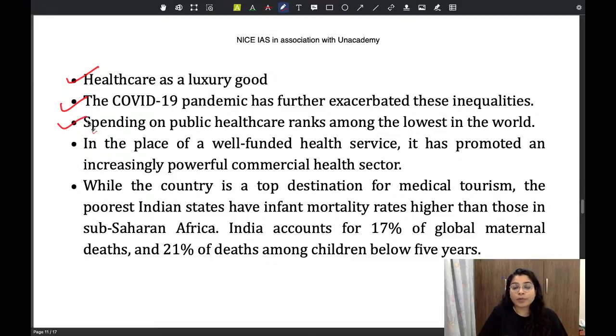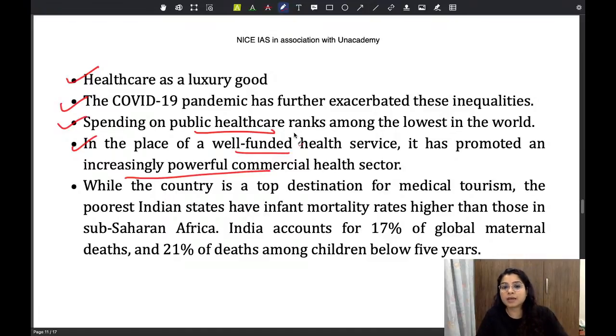A very common and very often talked about topic is that public healthcare spending is among the lowest in the world. In place of well-funded healthcare services, we are promoting the powerful commercial health structure. Public healthcare is less, and we are promoting the private sector. And this is a contradictory situation where India is considered a destination for medical tourism.